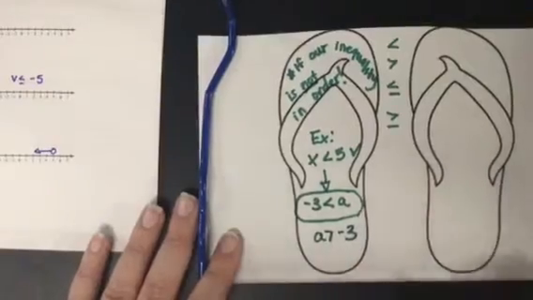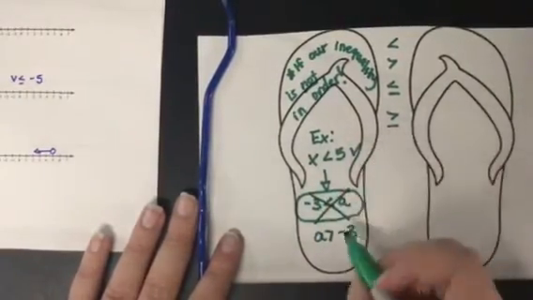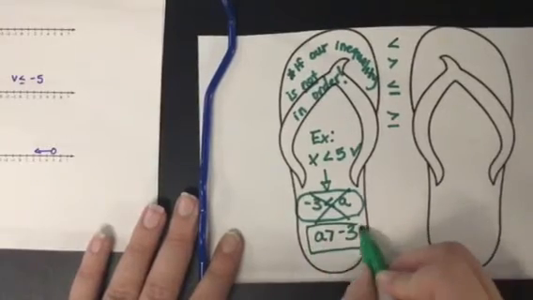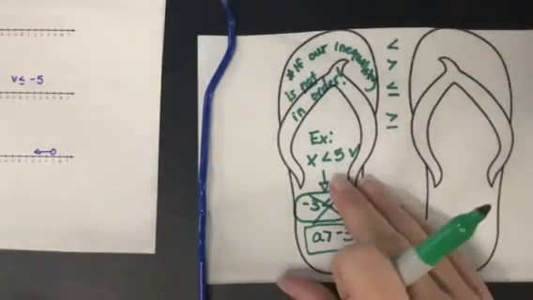Perfect. So we're going to flip-flop what we had. So that's the first time you're going to flip-flop an inequality symbol. There's only one other time you're going to do it. Okay? One other time you're going to flip-flop your inequality symbol.